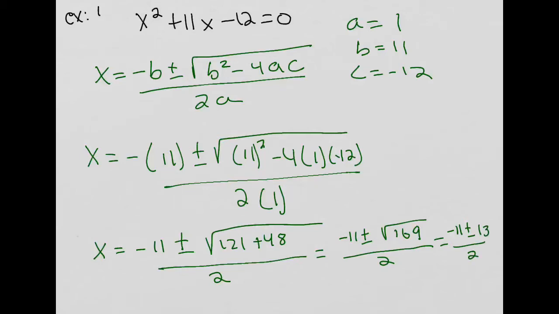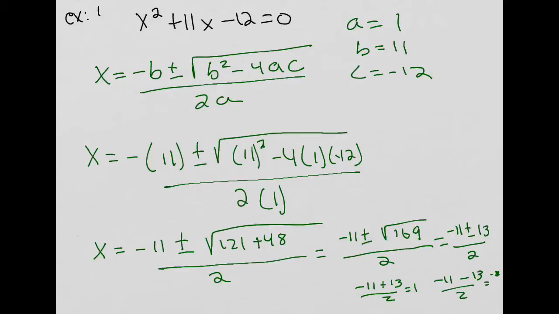So now this leaves me with the two answers, negative 11 plus 13 over 2 and negative 11 minus 13 over 2. So I have negative 11 plus 13, and that gives me negative 2 over 2, that's 1. Negative 11 minus 13 gives me negative 24. Oops, running out of space.